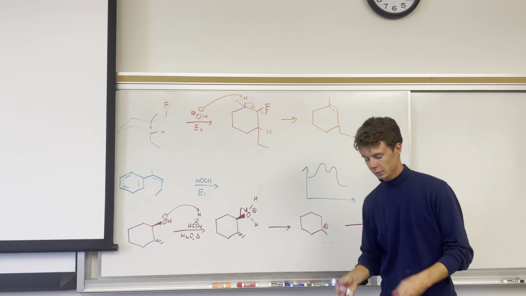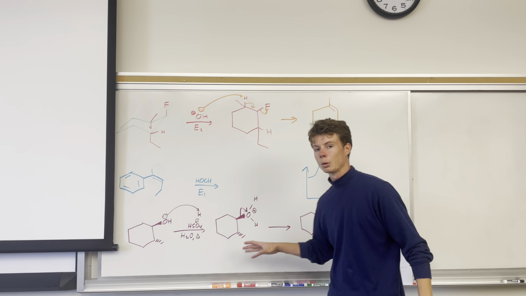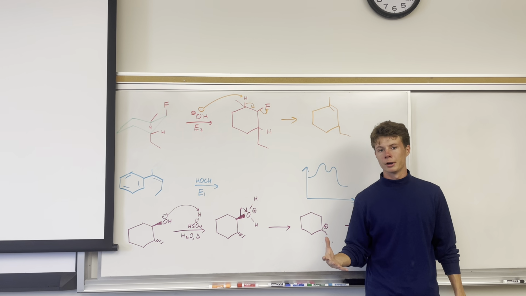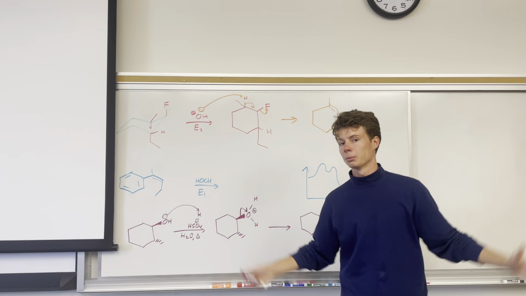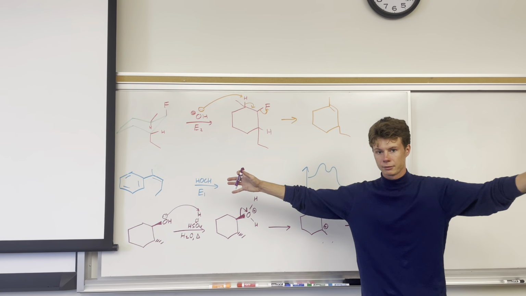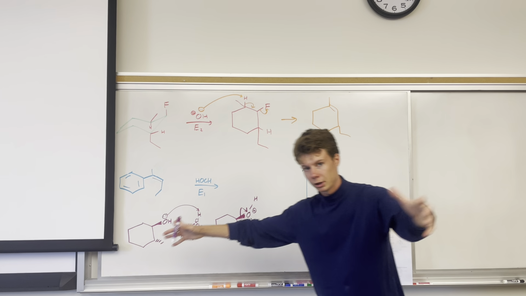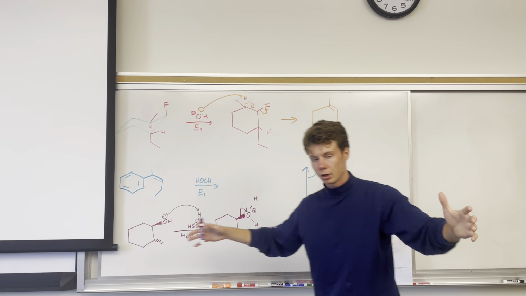So the wedges and dashes go away when we throw a carbocation on there. And now everything is just perfectly in plane. It's flat trigonal planar rather than tetrahedral, where we have something going out in front of us and something behind, a wedge and a dash.